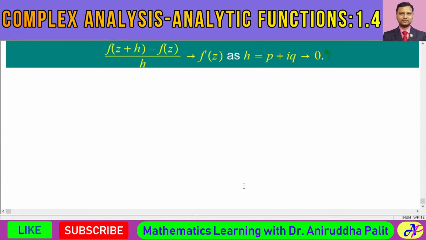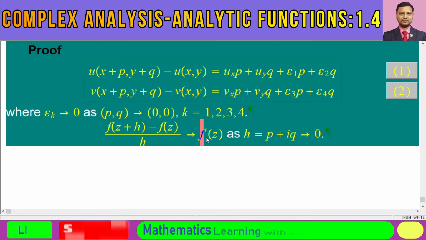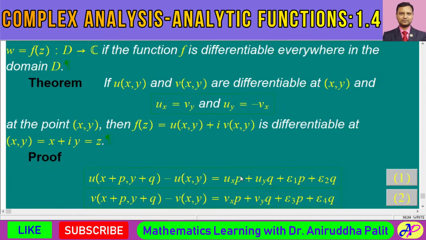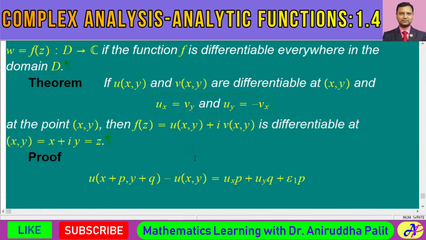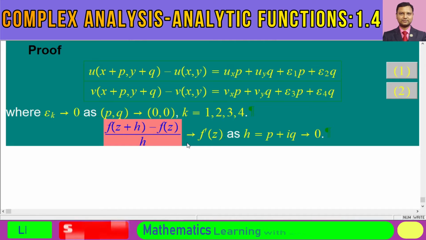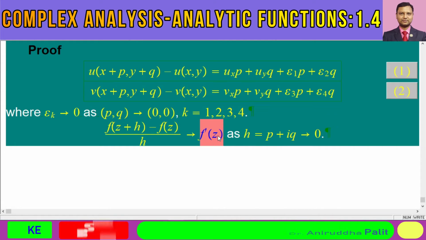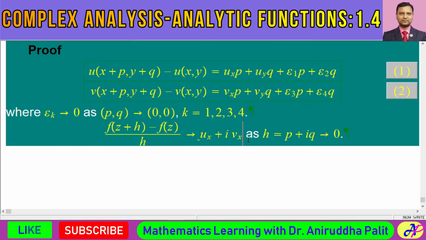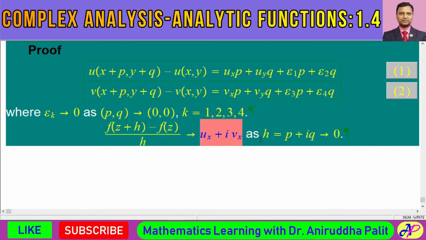Okay, so you see, in place of f dash z, our target is to prove that this ratio, f of z plus h minus f of z divided by h, will converge to this expression ux plus i into vx.